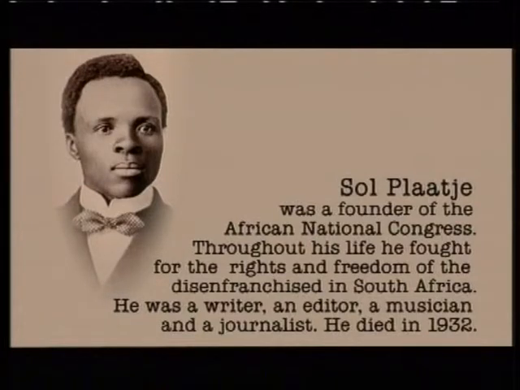It would be very difficult for a filmmaker to be able to tell his whole story thoroughly and well in a half-hour film. Instead of trying to tell the whole story of Sol Plaatje in a half-hour film, it would be much better for the filmmaker to highlight a few key events and to perhaps mention other achievements as part of the background to the film.